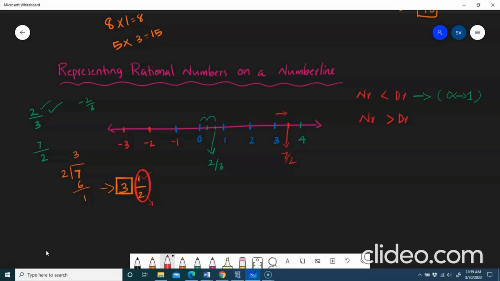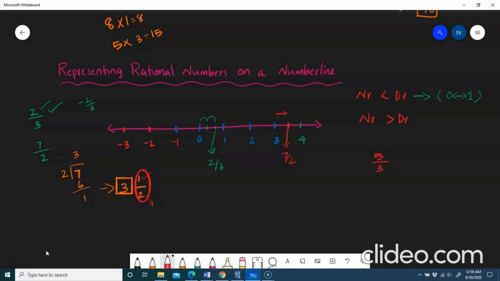Suppose you are trying to express or plot these kinds of numbers. I'll explain with another problem. For example, I have to plot 5 by 3.